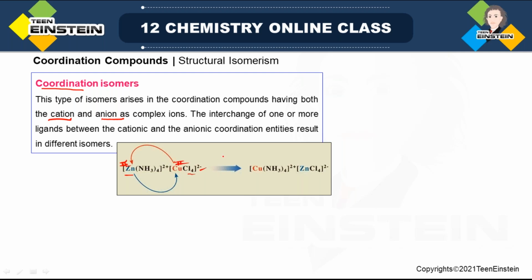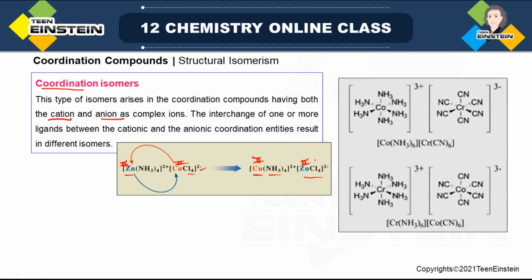Now when there is an exchange, copper takes the place of Zn and Zn goes towards copper, then you get a new isomer. Or you can say ammonia goes from Zn towards copper. Both are the same thing. So now we get the coordination isomer: in the cationic part we have copper, the oxidation state is the same, there is obviously no change, but now in the anionic sphere there is Zn.